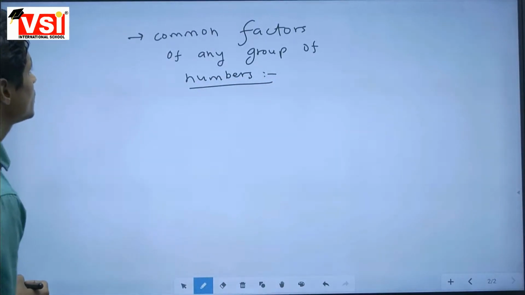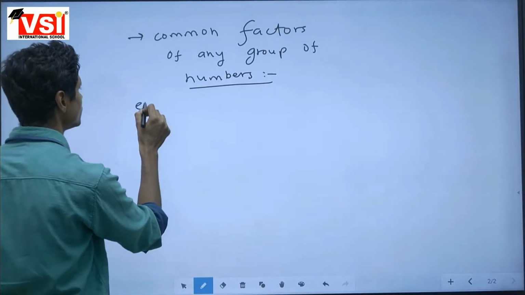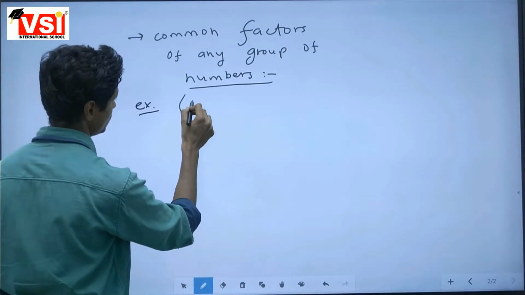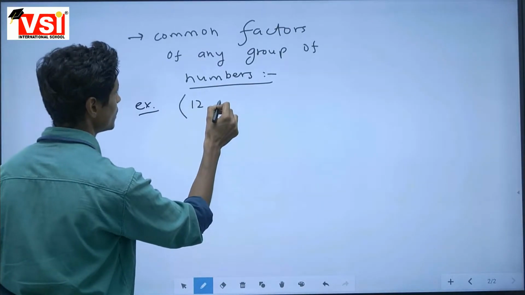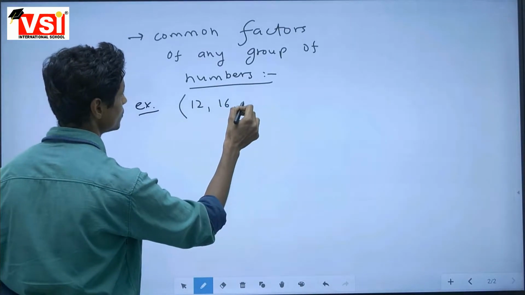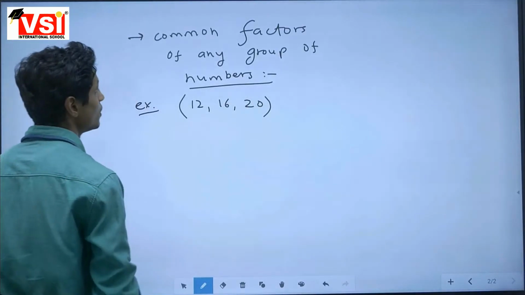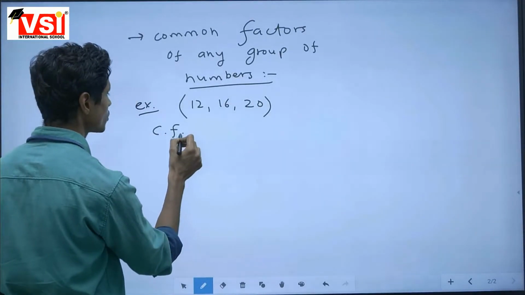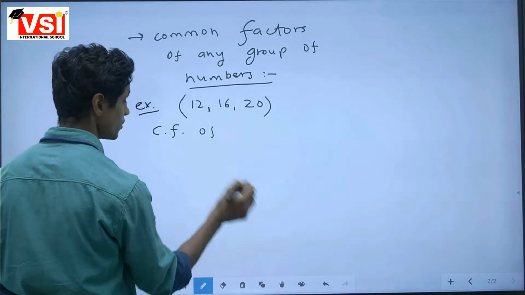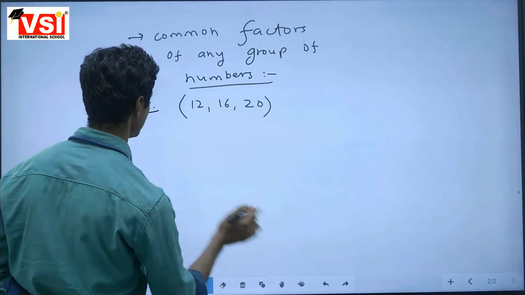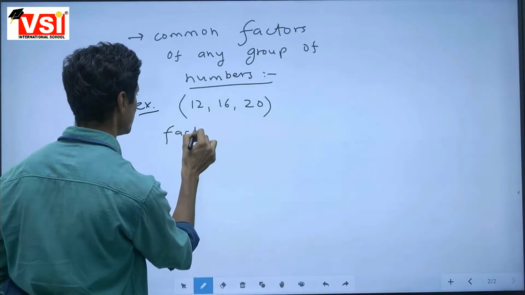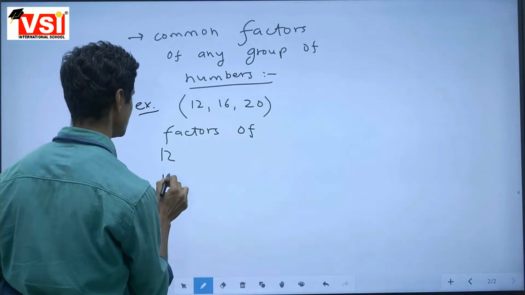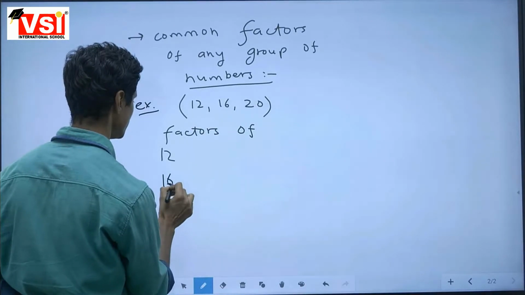So just see here, for example, we can take a group of numbers which we have given here: 12, then 16, and then 20. Common factors. First of all, the factors of 12, then 16, and then 20.